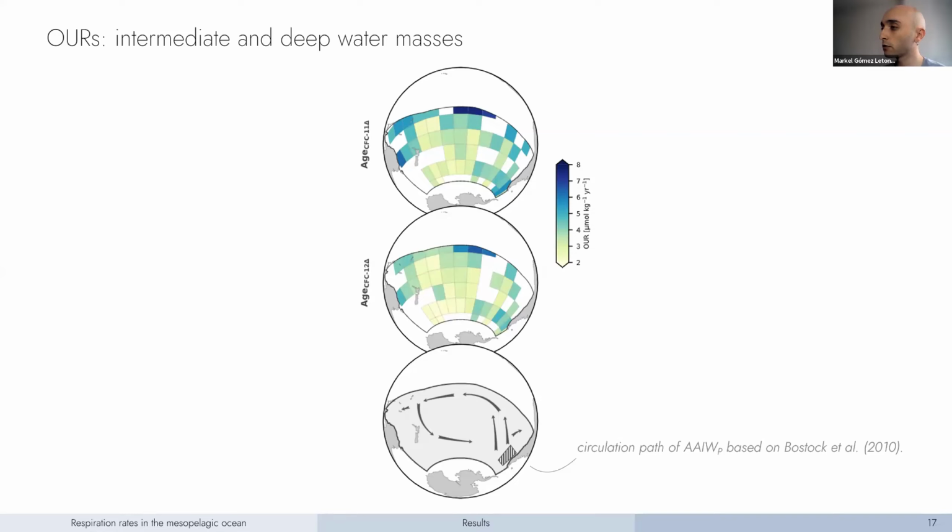This water mass is formed in the southeastern Pacific, as shown in the map on the bottom, in this dashed box, and then circulates toward the northwest and then toward the south.